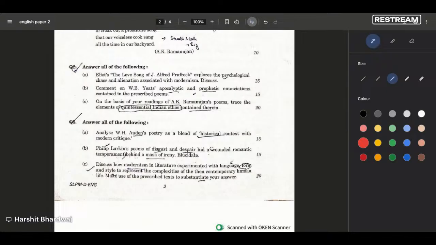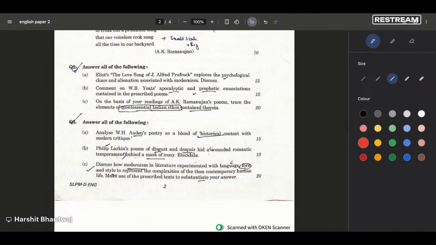So when you're picking questions, obviously you have to do all three, and so you read all three. Comment on W.B. Yeats's apocalyptic and prophetic enunciations contained in the prescribed poems. On the basis of your readings of A.K. Ramanujan's poems, trace the elements of quintessential Indian ethos contained therein.